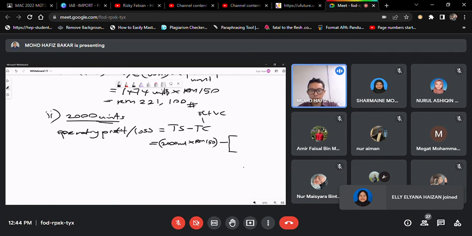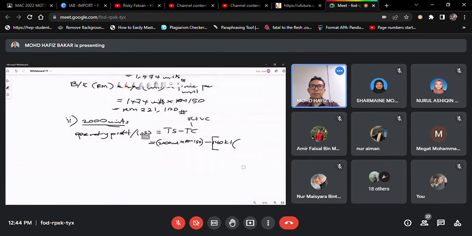Fixed cost here is 140,000, plus variable cost. They give you variable cost per unit of RM55, so you need to multiply by the quantity, 2,000 units. So 2,000 units times 150 ringgit, how much do you get?